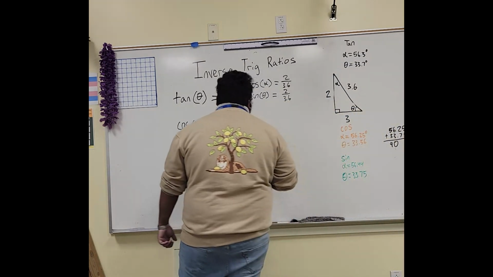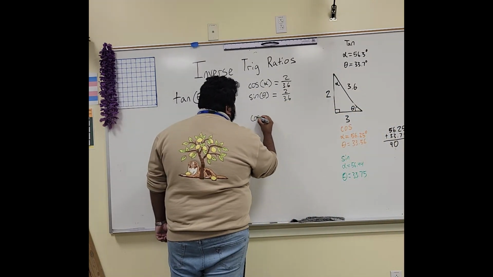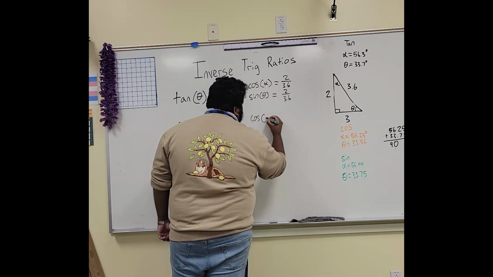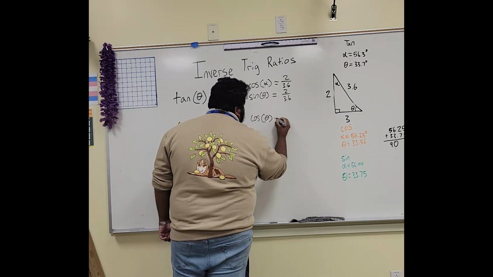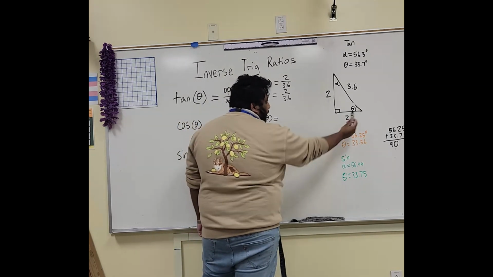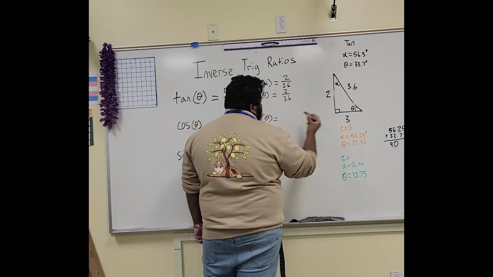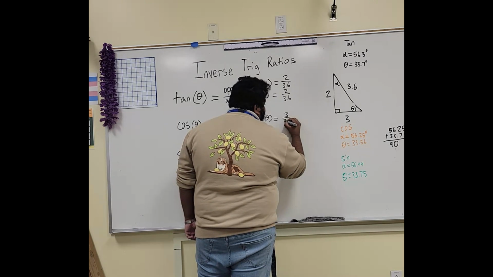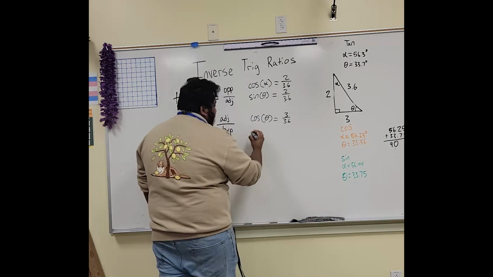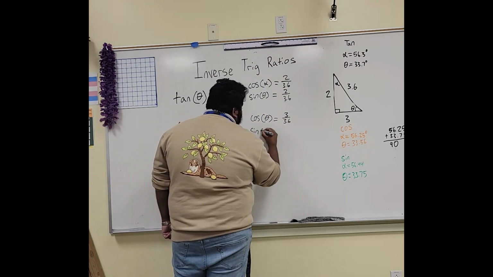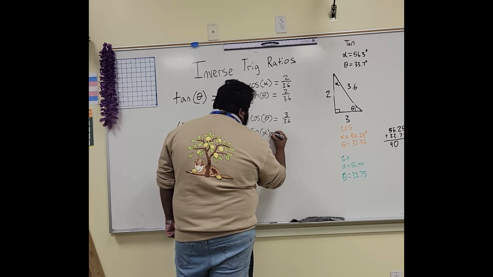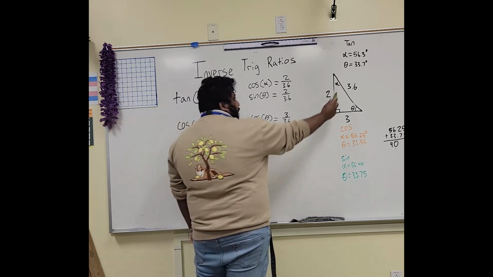Let's look at the other one. We have cosine of theta. Now we're over here. That's 3 divided by 3.6. We have sine of alpha, right?